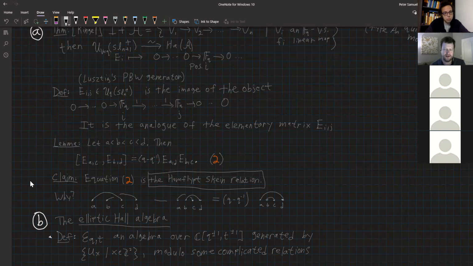Yeah, I don't know an abstract reason why. You can do the computation on the Hall algebra side explicitly, by computing some extensions in Hom spaces. But I don't know how to match the steps in that computation to diagrammatics.